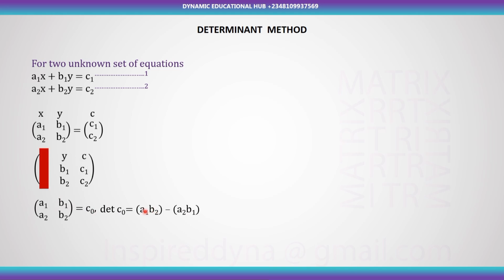Now let's delete the x column, call the matrix x0, and find the determinant. Finding the determinant, we get b1 c2 minus b2 c1, and that is the value of the x0 determinant.